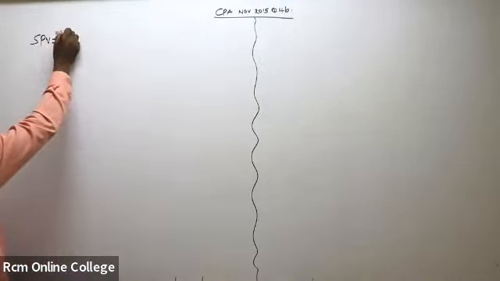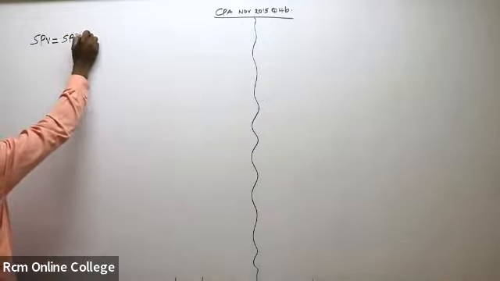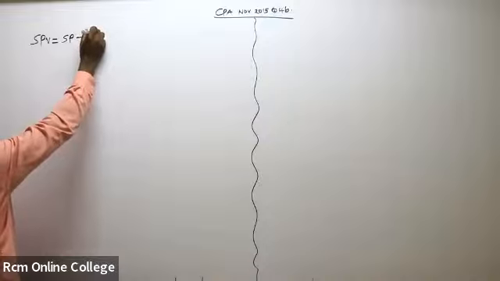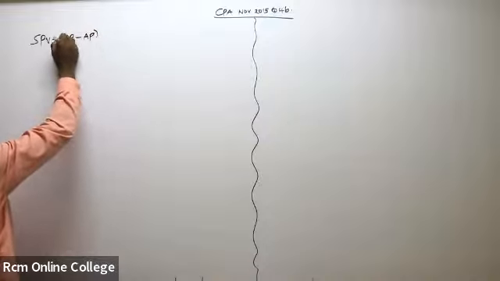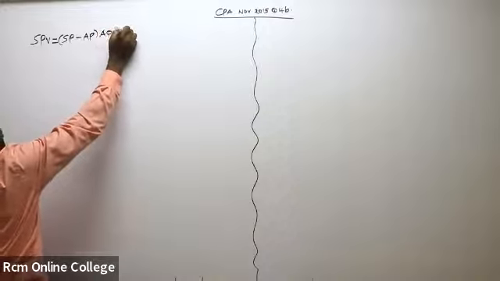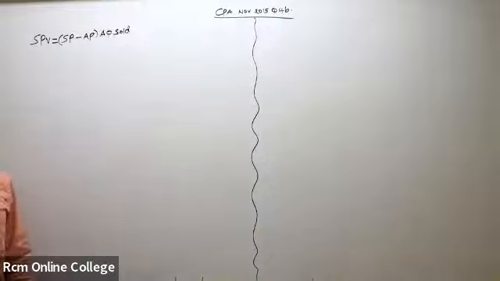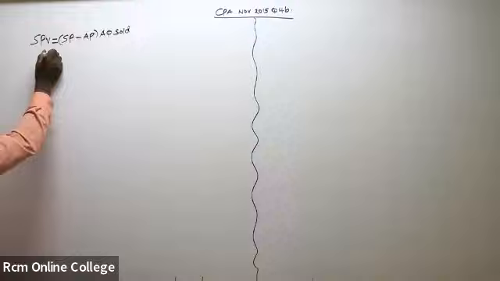You're going to look at the standard selling price compared with actual selling price. Then this we multiply by actual quantity sold.